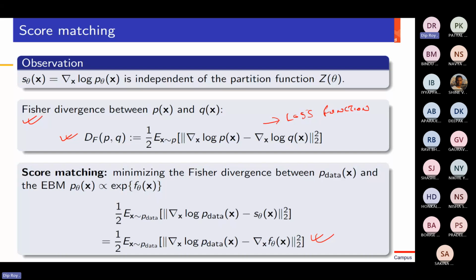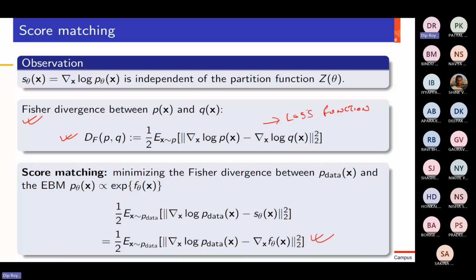Then we could have directly drawn the samples. Okay. Now, what do we do? Can we come to a functional form where we don't have to know P of data?